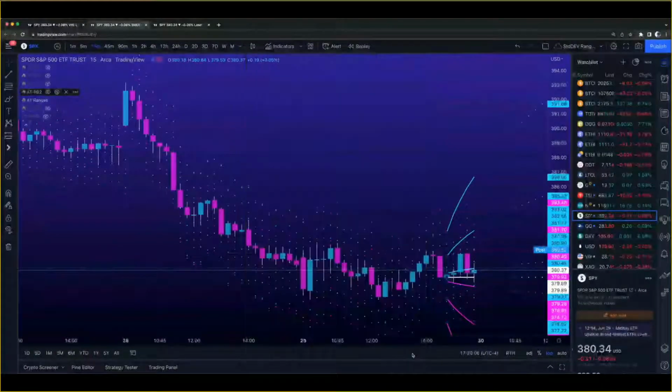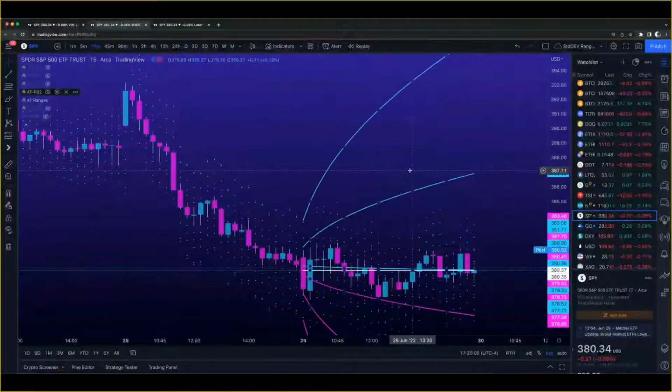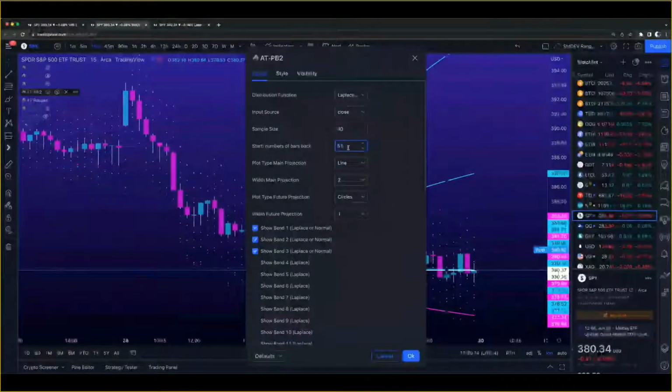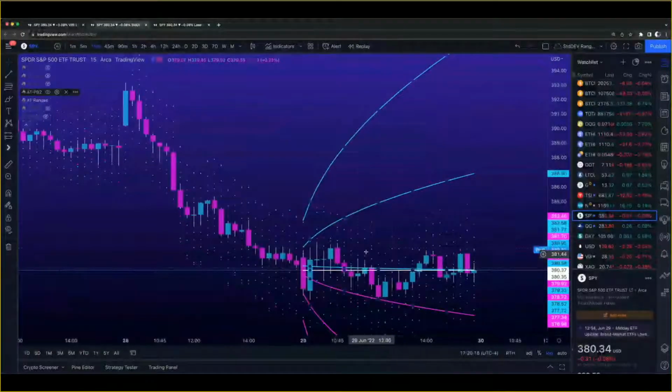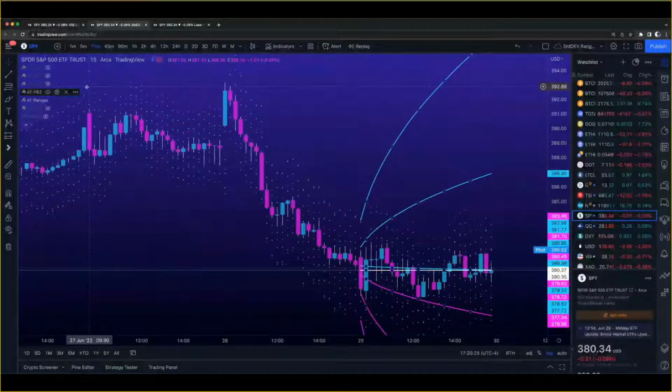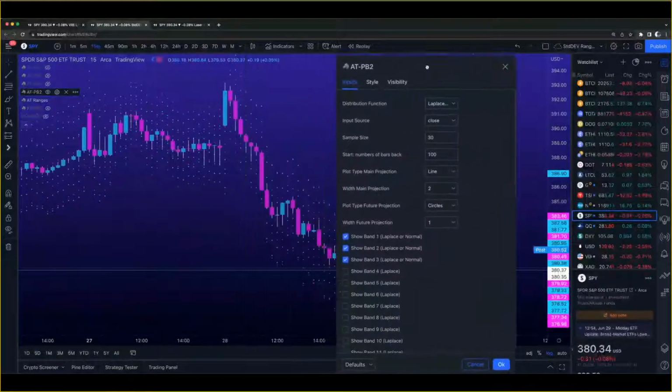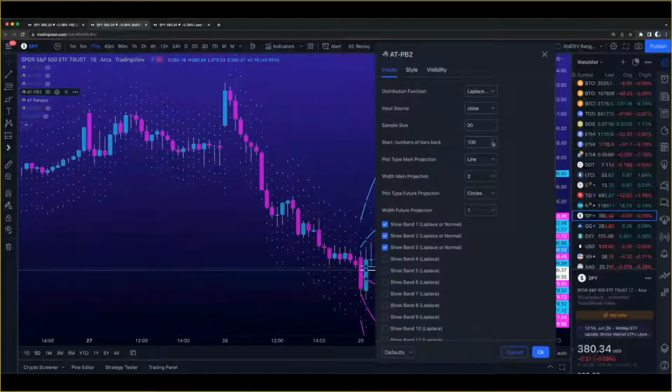So the whole point of it is once a move takes place, let's just say we're 3 standard deviations away on whatever model, doesn't matter, Laplace standard deviation, whatever. If that move is over and you see price pivot, you want to project from that point because you're possibly going to mean revert the other direction.